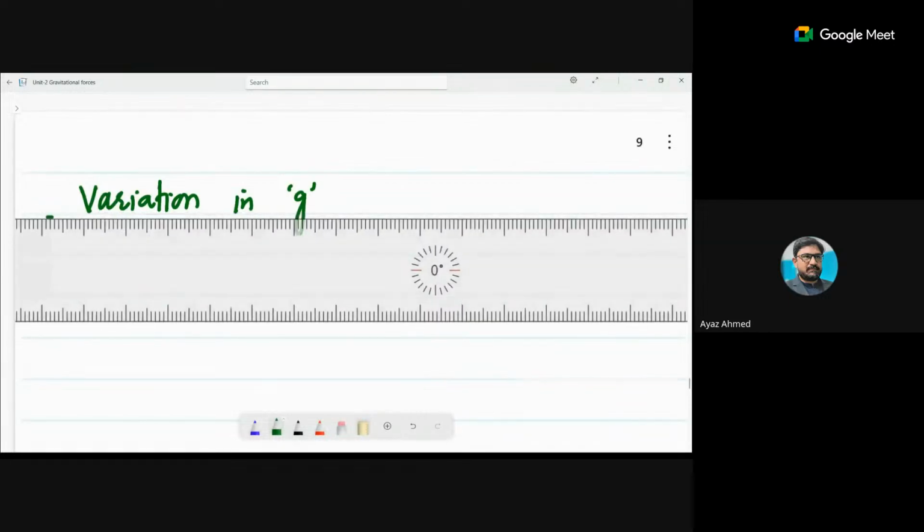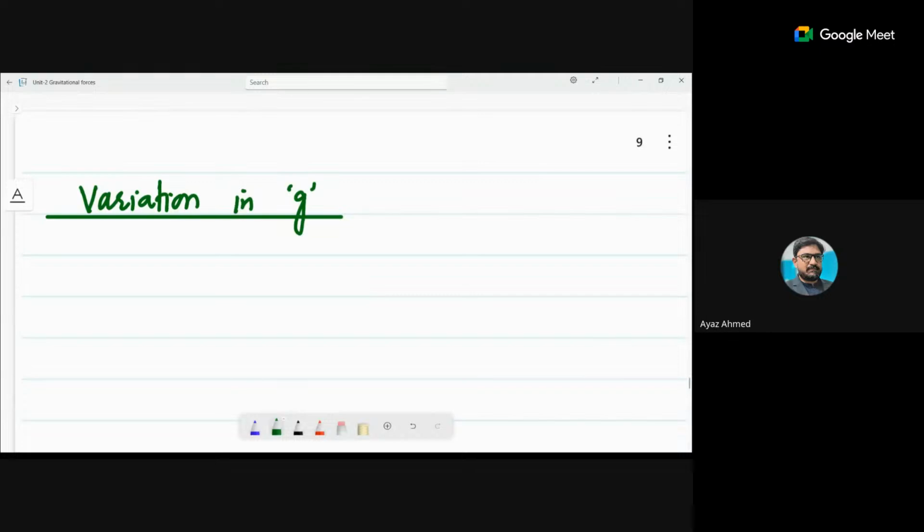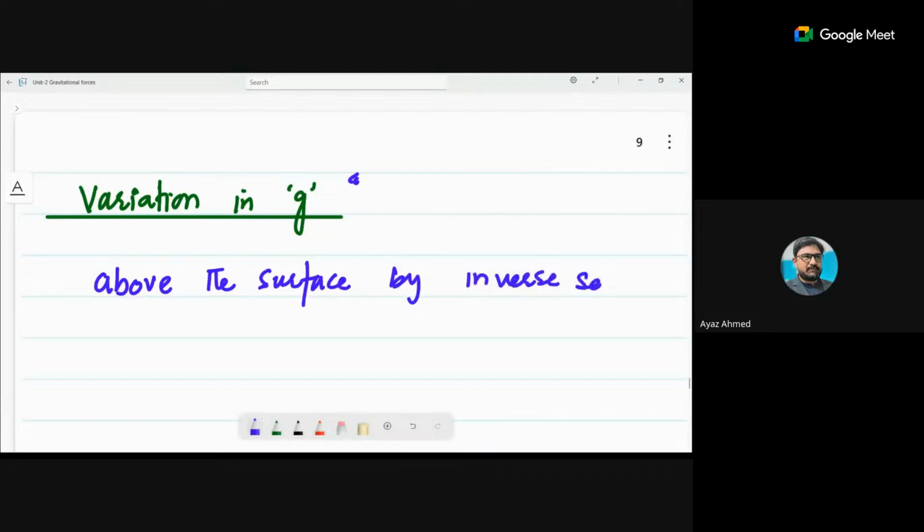One, I will consider it above the earth surface or above the surface of the planet, and the second one is below the surface, right? So as I told you, above the surface of the planet, it varies according to the inverse square law.